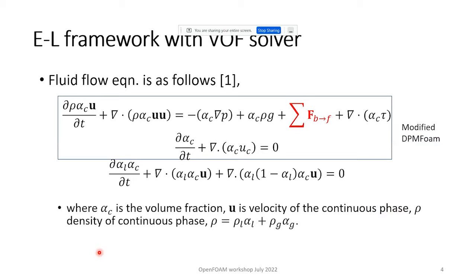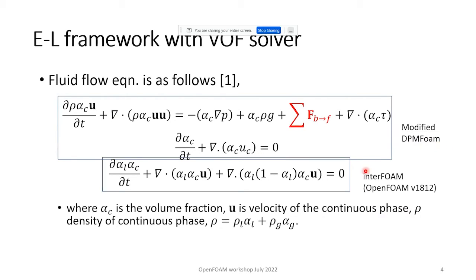Using this, we have an implementation in OpenFOAM. I use a modified DPMFoam to solve the particles, and I use interFoam to solve the free surface. Of course, rho is just the continuous phase density.